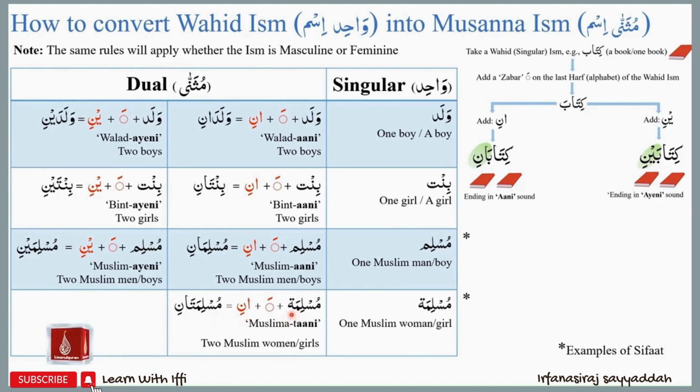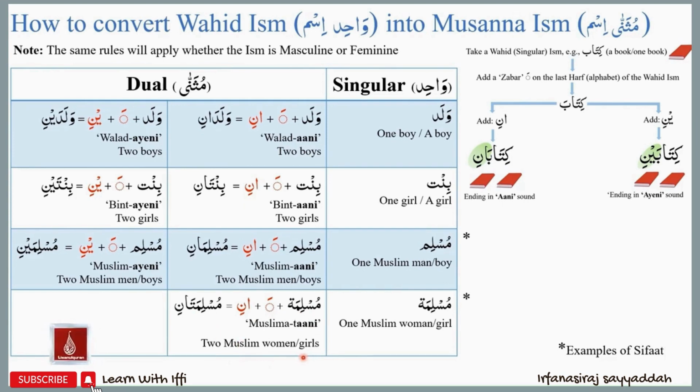Please note that the gol ta always comes at the end. So, if we have to add something after gol ta, then the gol ta can no longer be used. We will have to use a normal regular ta. So, Muslima becomes Muslimatani. Again, we have the ani sound at the end, and Muslimatani means two Muslim women or two Muslim girls.